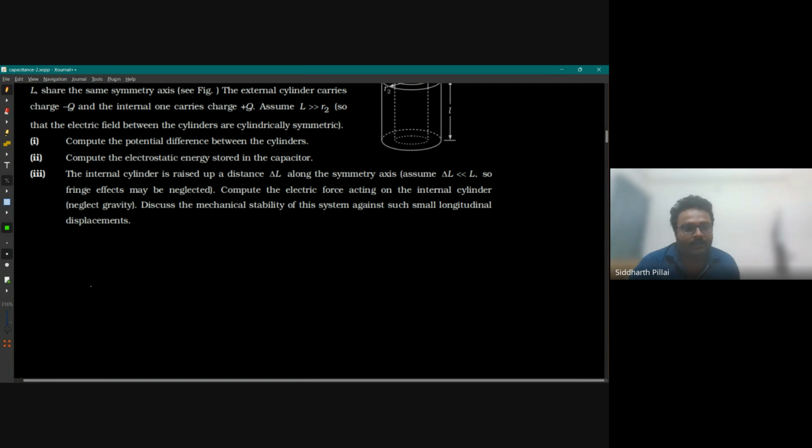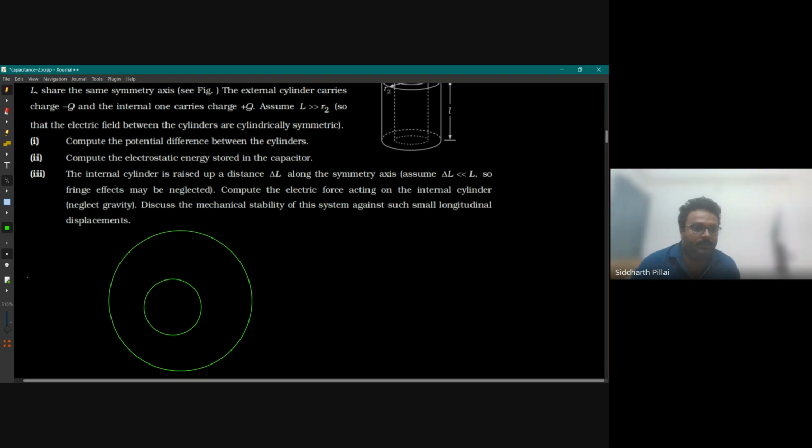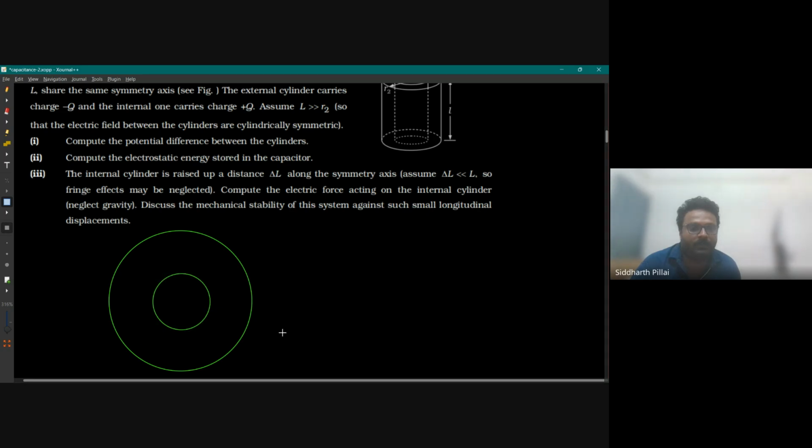So what we're doing here is, if you look at it top down, you will see two concentric cylinders. Somewhere here would be the central one. So this is R1 and this is R2. We'll take the field at any R between the two cylinders.